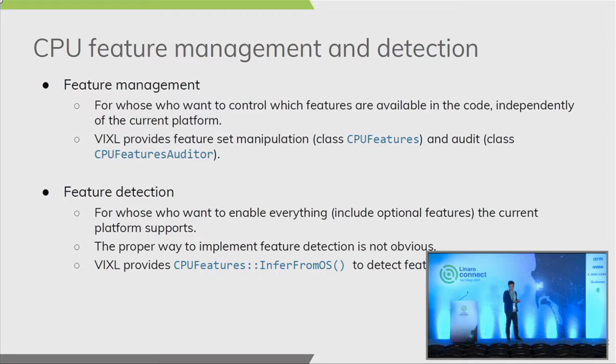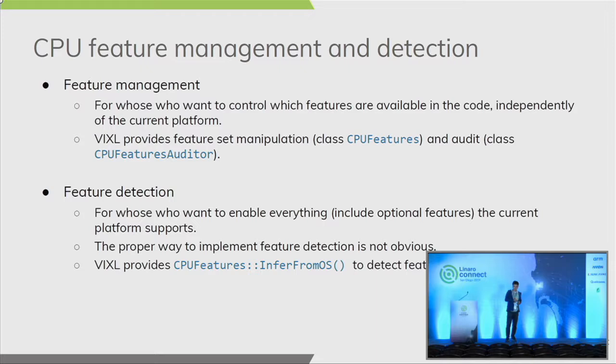Okay, in terms of feature management, a part of VIXL users want to control what CPU features are available for their purpose. So we designed an API for them to manipulate the feature set regardless of what the actual ARM machine they have, like this.